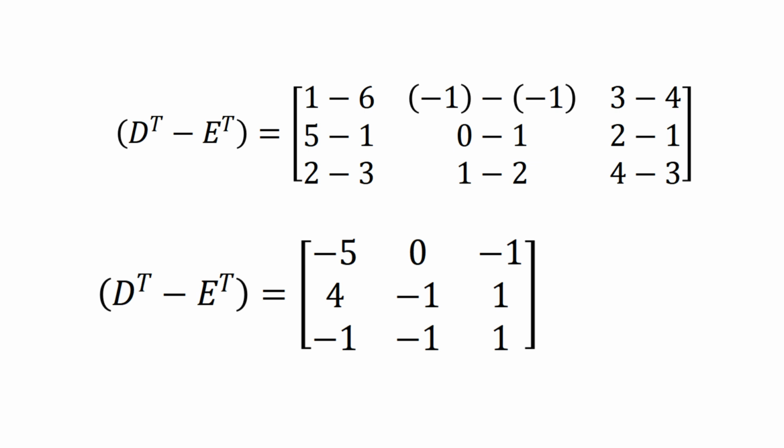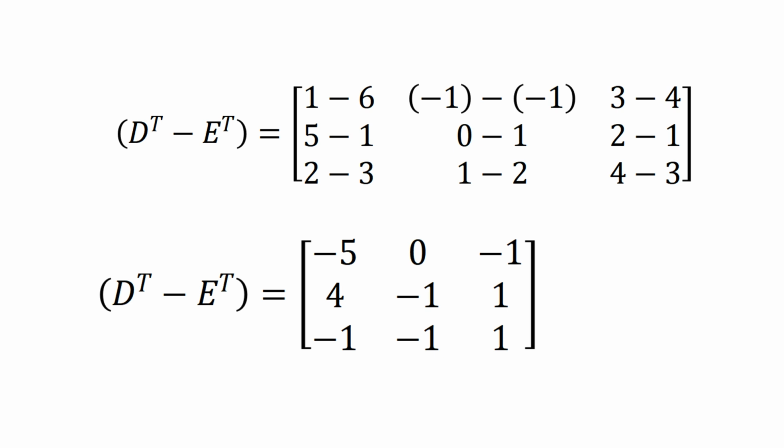And for column 3, we have 3 minus 4, 2 minus 1, and 4 minus 3. We are just going to subtract column 1 of matrix E from column 1 of matrix D. Now we are going to simplify each.